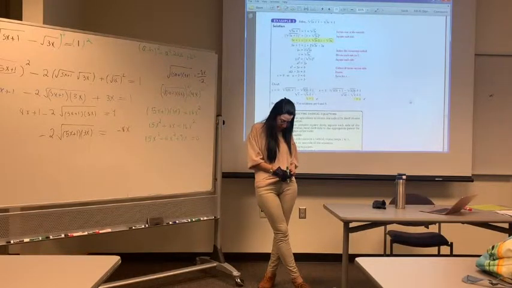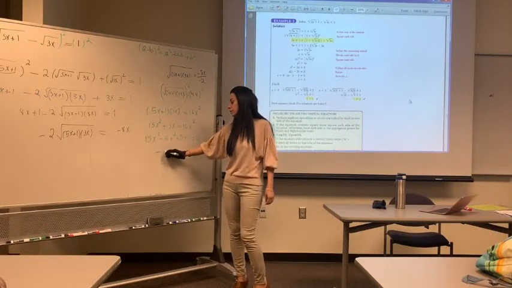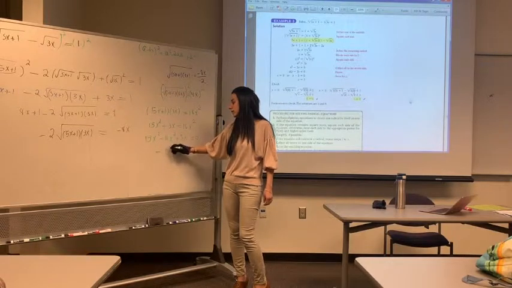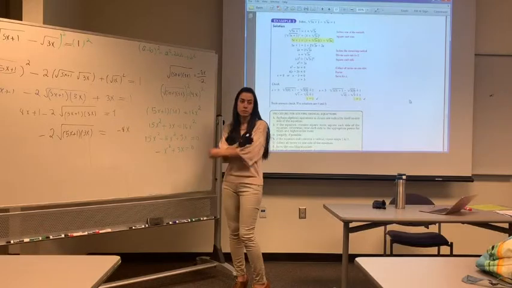So what next? So what remains? Negative x squared plus 3x equals 0.